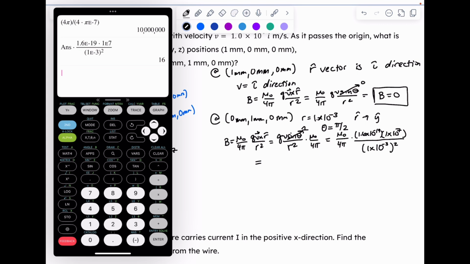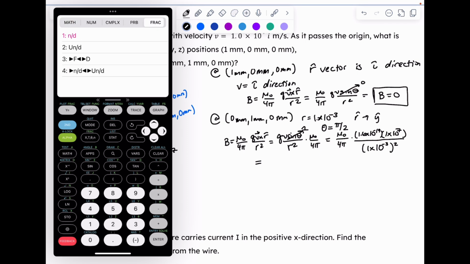That gave me something a little different than I'm used to. I flipped that fraction, so let's try that again. That's better.